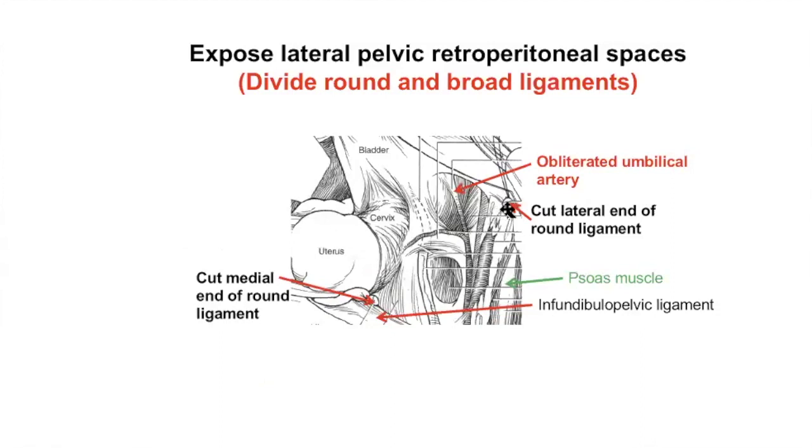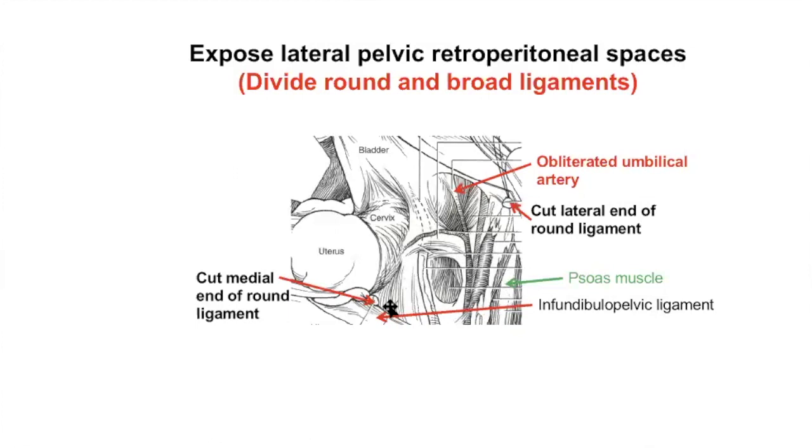Here we have the cut ends of the round ligament. When this ligament is intact, it stretches from the side of the uterus to the pelvic sidewall. And behind it is a broad band of tissue that covers over this area that is called the broad ligament. Once this round ligament is divided, the broad ligament is then further divided and then has a lateral and medial aspect.